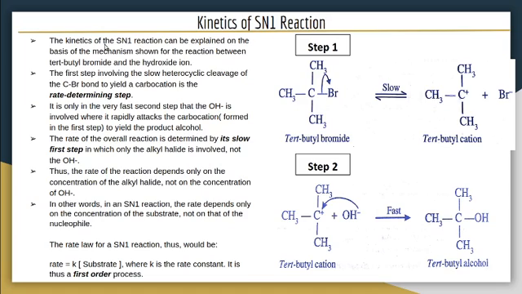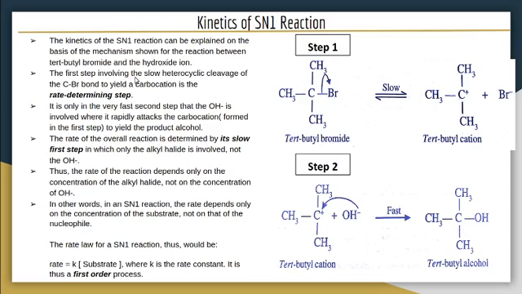The kinetics of the SN1 reaction can be explained on the basis of the mechanism shown for the reaction between tertiary butyl bromide and hydroxide ion that we already discussed. This is the mechanism of hydrolysis of tertiary butyl bromide with hydroxide ion.